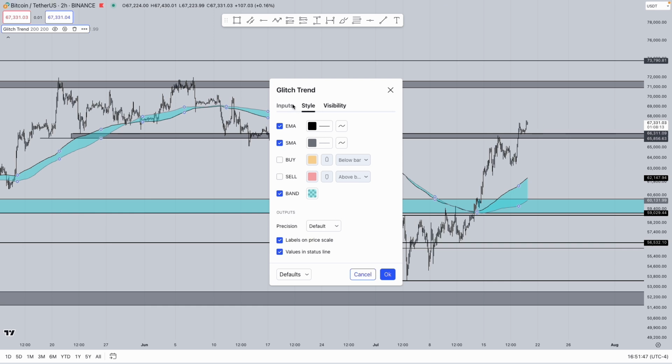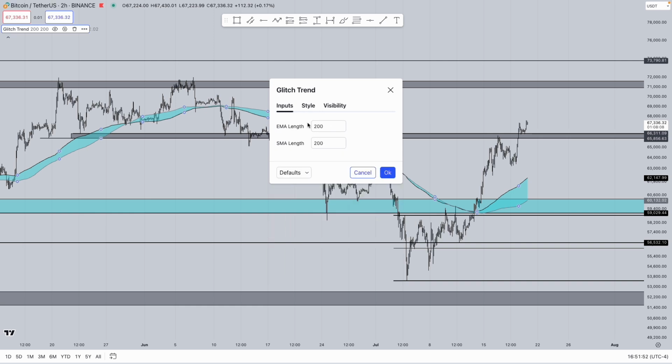Now this kind of gets into how it works. It simply is the 200 exponential moving average and the 200 simple moving average. You want to have both of these, by default set to 200. You can change it if you want to use some different EMA or SMA settings.